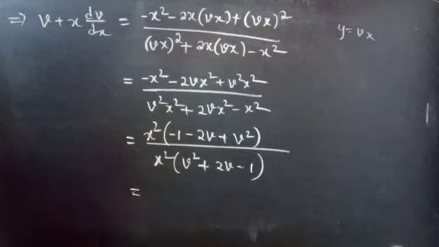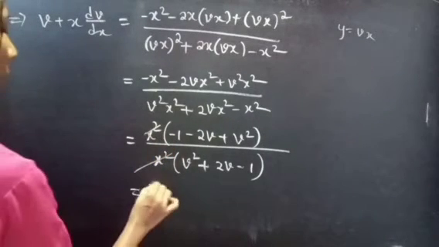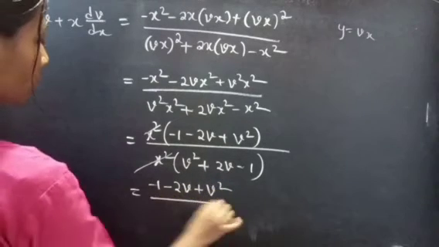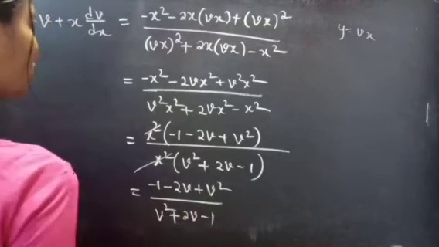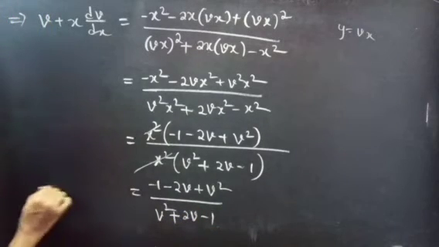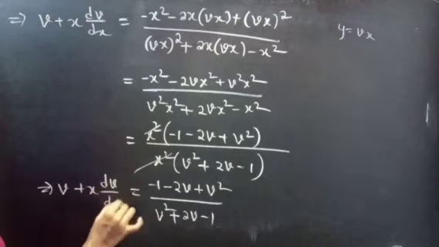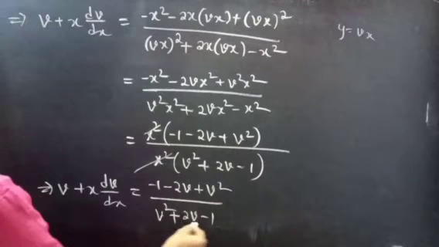Right? Now we can cancel x square from the numerator and the denominator. Then we'll get minus 1 minus 2v plus v square by v square plus 2v minus 1. So now we have v plus x into dv by dx equals to minus 1 minus 2v plus v square by v square plus 2v minus 1.